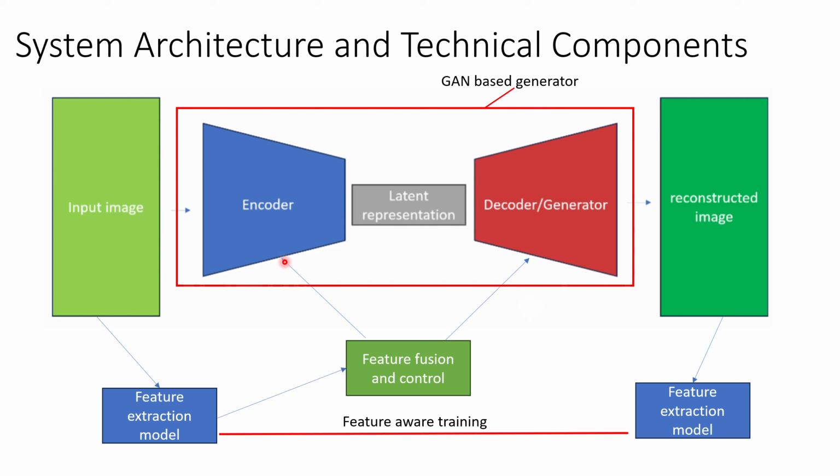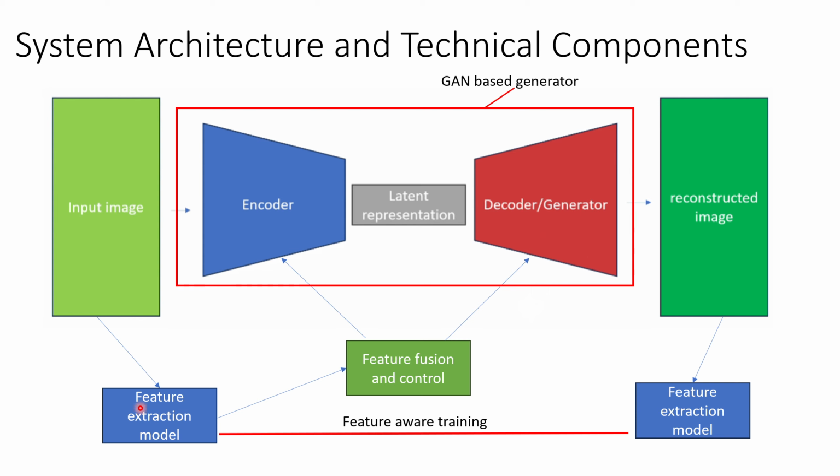You can see here for the main body of our design, we use a GAN-based generator, because a GAN-based generator is able to generate very large-scale pictures, and it is used in most of the works for large-scale face restoration. So we just use that, and we don't develop something else.